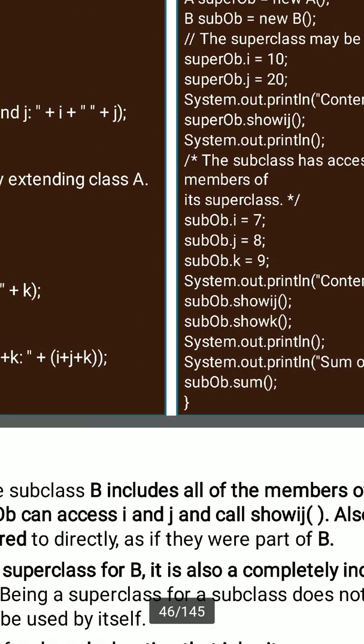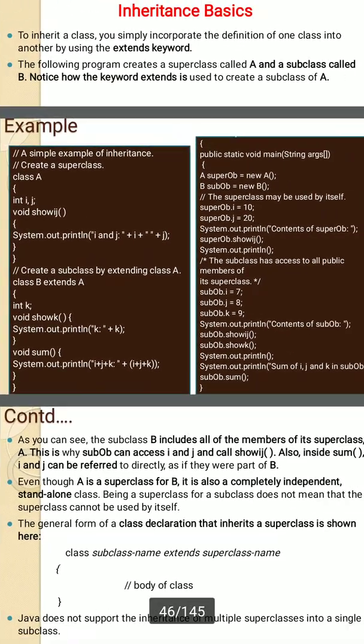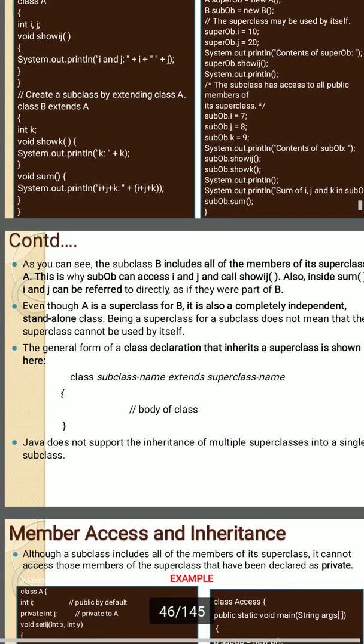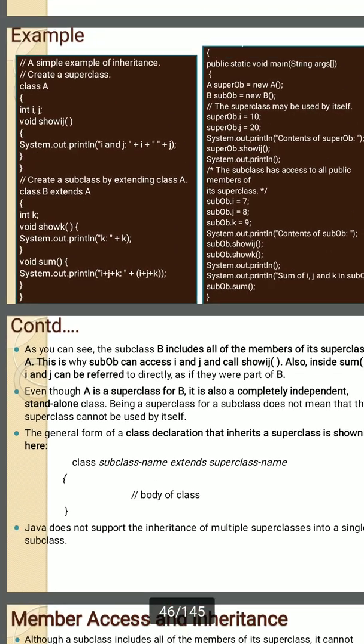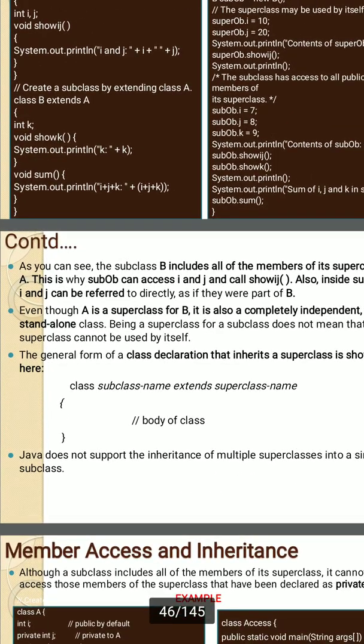This is a basic example of inheritance. As you can see in the explanation, the subclass B includes all the members of the superclass. What I have explained in this example, he is going to explain in this slide.